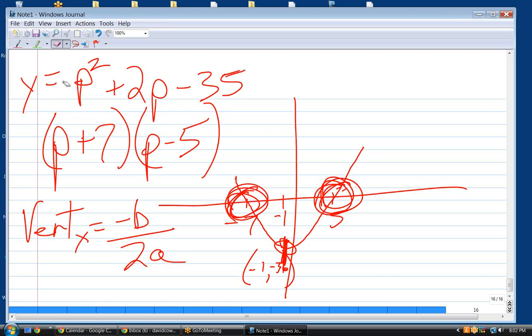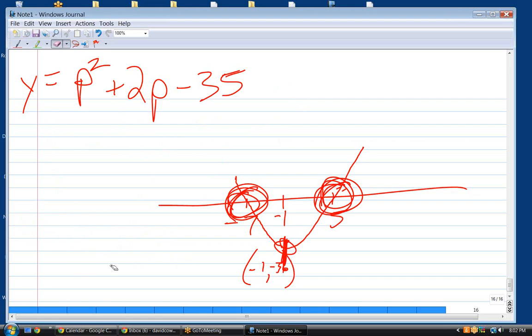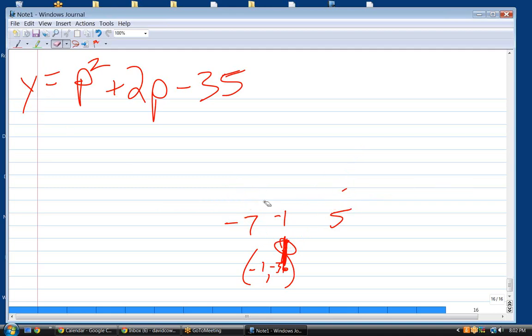So if I'm going to graph this polynomial, I'm going to set it equal to 0, because then I can factor it into these two factors, and now that tells me where my x-intercepts are. So that's why I did it that way. But this is what you were given. Y equals that. They say graph that function. Because y isn't always 0. Y is going to be whatever y is.